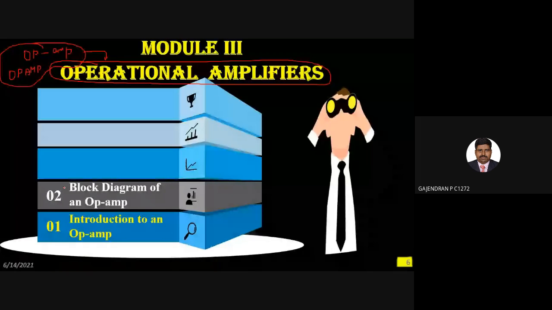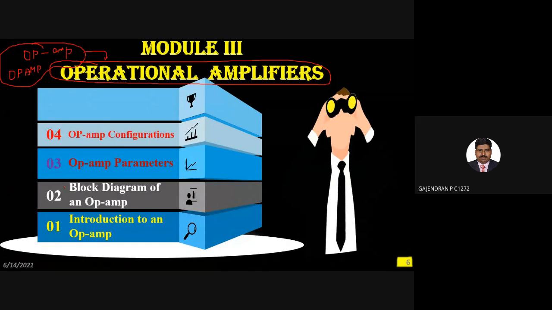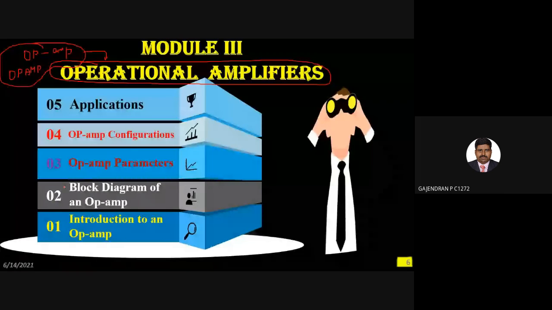After that, we are going to see some parameters of the operational amplifier. We have many parameters regarding this particular operational amplifier. Then later we will go for some configurations of op-amp. And finally, we will see the applications.